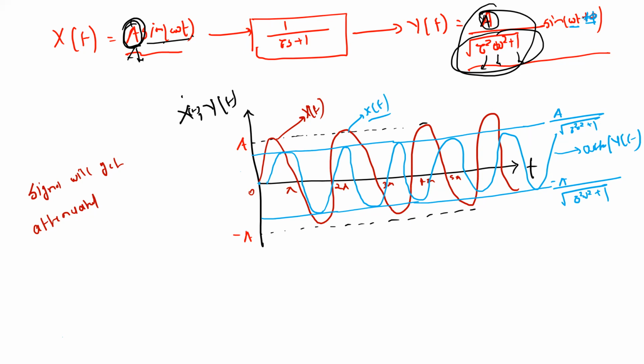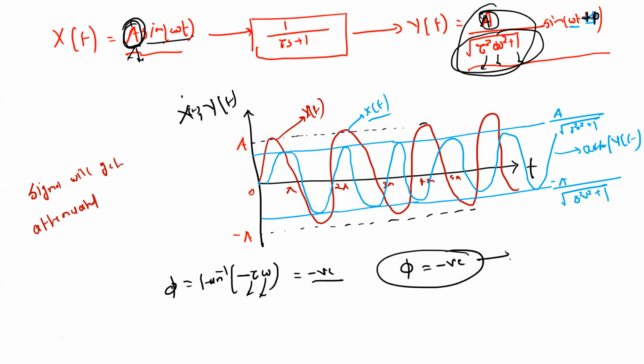Second thing is that here there is a value phi. I have told you that phi is tan inverse of minus tau omega. Tau is positive, omega is positive, but there is a negative sign, so phi will be negative. If phi is negative, then the system output will lag with respect to the input.